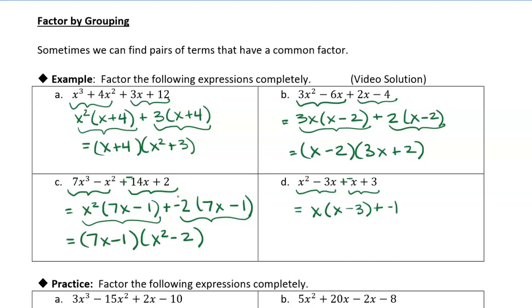All right. And you can see why, because I like this x minus 3. So if I factor out a -1, I'll have x minus 3, right?